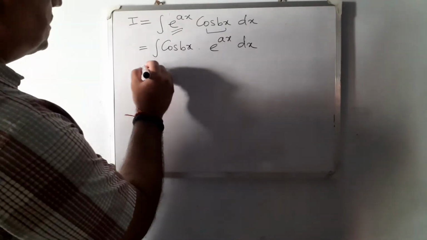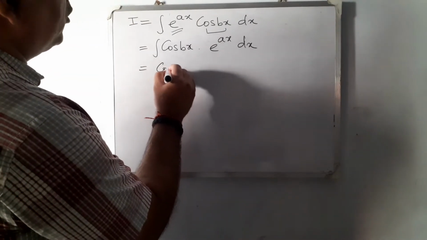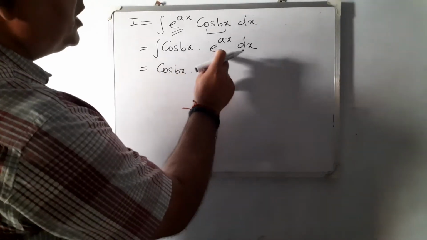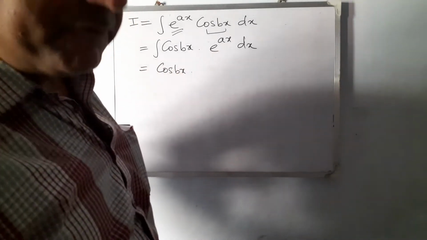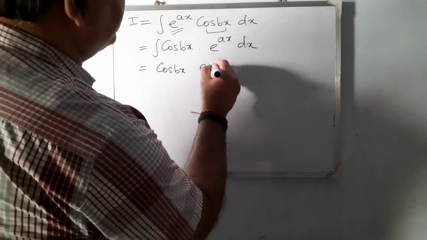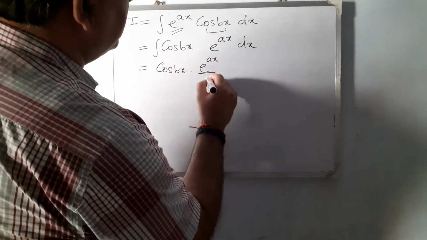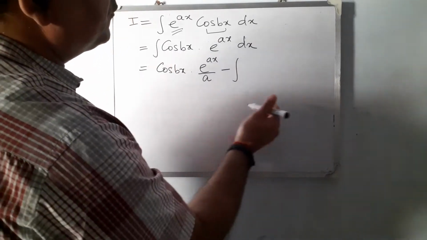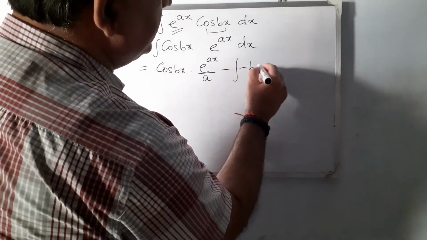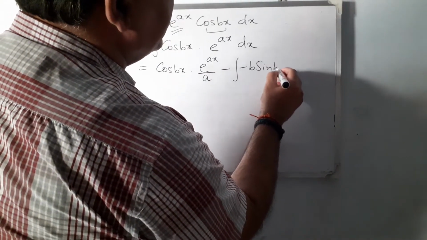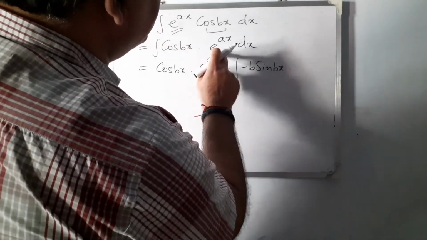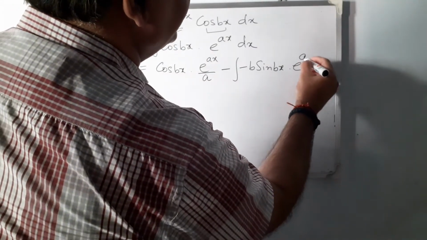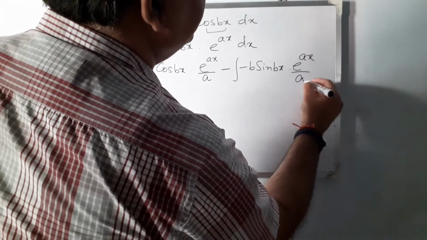As per that formula, we write cos bx times the integral of e power ax, which, if you observe, is e power ax by a, then minus integral of the differential of cos bx, which is minus b sin bx, times the integral of e power ax, which is e power ax by a, dx.